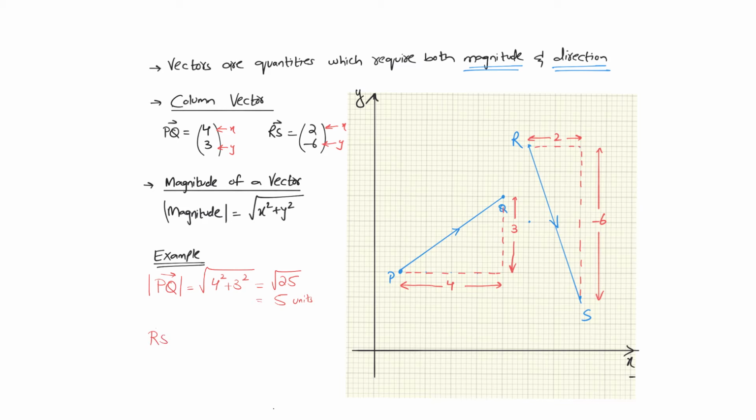Let's find the length of RS. So x component squared plus y component squared and square root. This is going to give us square root of 40, which can be written in decimal as well, or you can convert it into 2 root 10. That's the length of RS vector. In decimal, it's going to be 6.32.